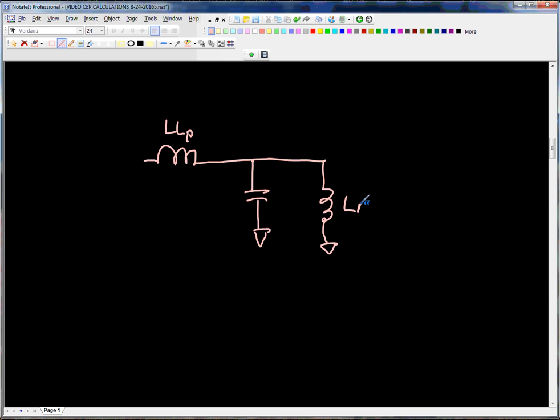LM is the magnetizing inductance. And at transformer houses, we often use an expression looking into this point to ground of open circuit inductance, OCL, which includes both magnetizing and this, which you can clearly see. But let's remove that because that's not what we're discussing anyway.